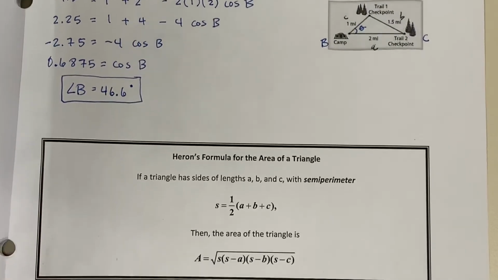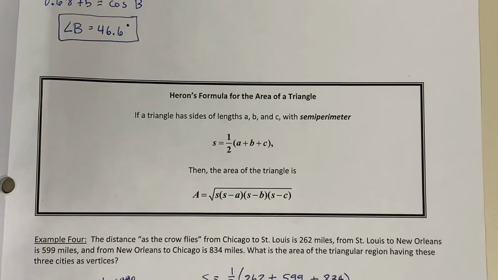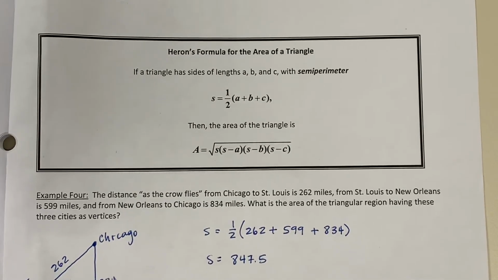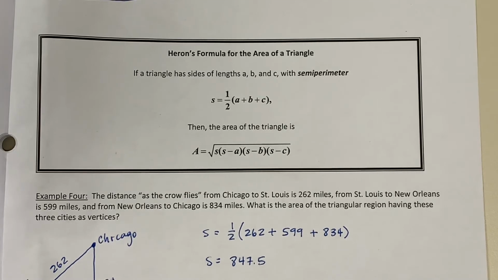Example 4 asks you to find the area of a triangle given side, side, side. To find the area of a triangle given side, side, side, we have Heron's formula. So if a triangle has side lengths A, B, and C, first thing we need to do is find the semi-perimeter.